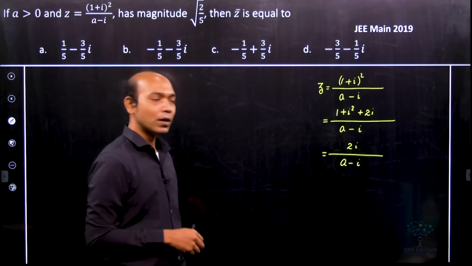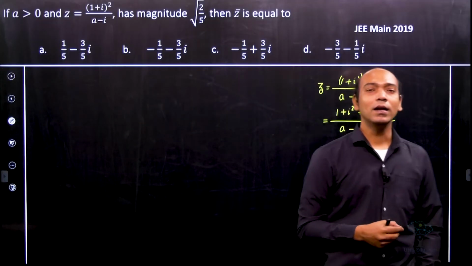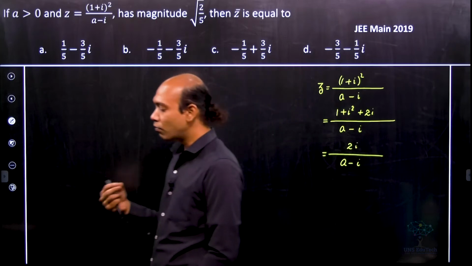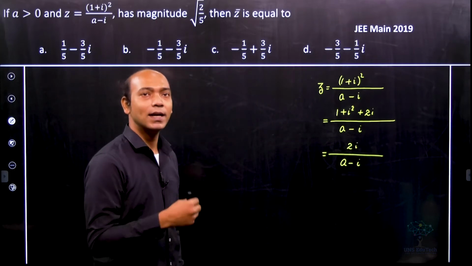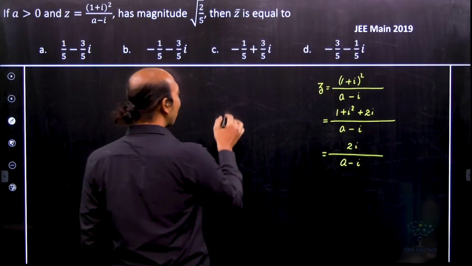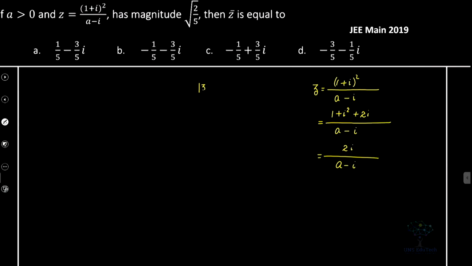Now, we are trying to find the modulus of Z. So what is the mod of Z? That's equal to mod of 2i divided by A minus i. We can separate it, because mod of Z1 by Z2 is equal to mod Z1 by mod Z2.